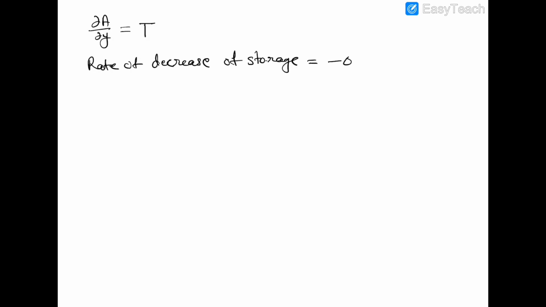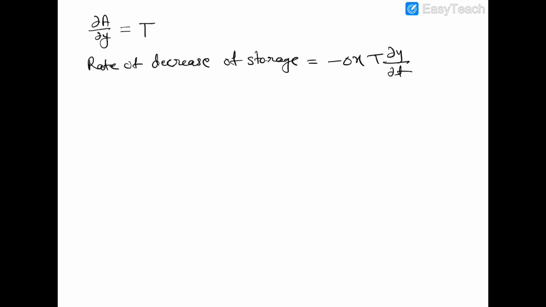We know that dou A upon dou y is nothing but top width T. So the rate of decrease of storage will be equal to minus delta x T dou y upon dou t.